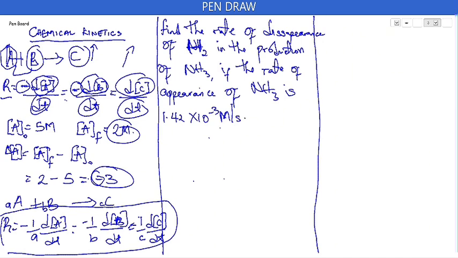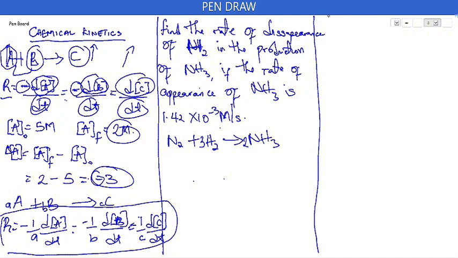Now let's write this reaction. When we want to form ammonia, production of ammonia, it is actually N2 plus H2 to give us NH3. So let's balance this reaction. To balance this reaction, I think I have to put 2 here. If I put 2 here, I'll just add 3 here. Very good. So I think this reaction is balanced. Now, what did they ask us to find?